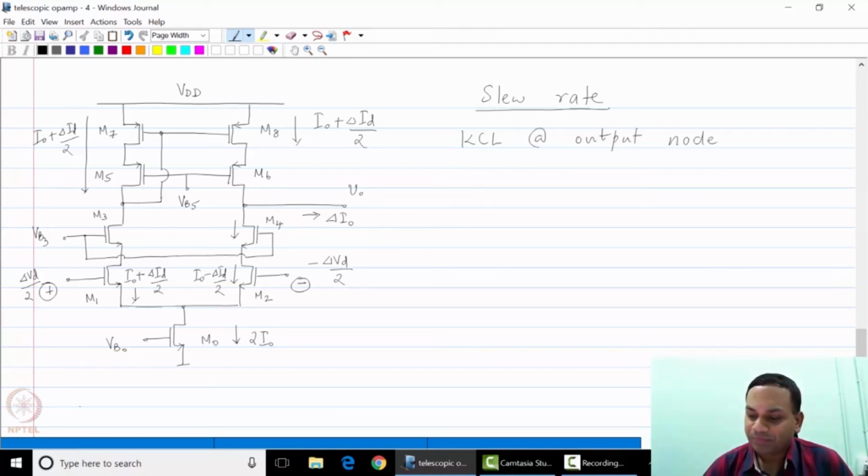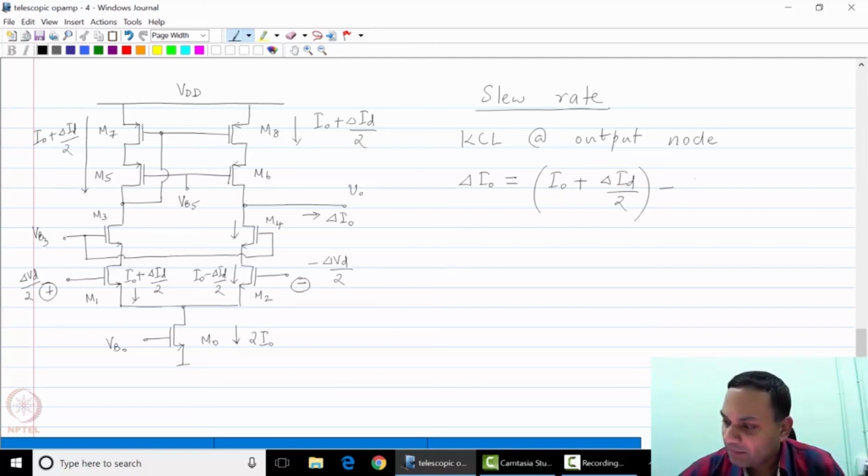You will find that delta IO, the total current leaving the node, should be the sum of the currents entering the node. The current entering the node from M6 is I0 plus delta ID by 2, and the current entering the node from M4 is minus of I0 minus delta ID by 2.